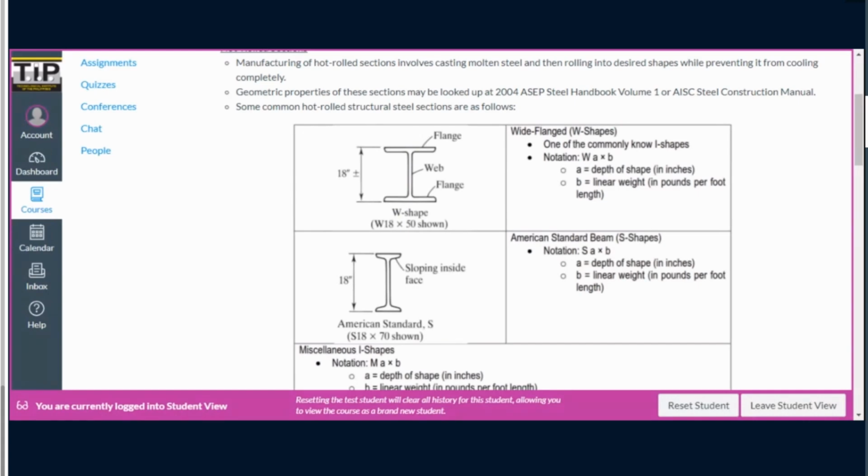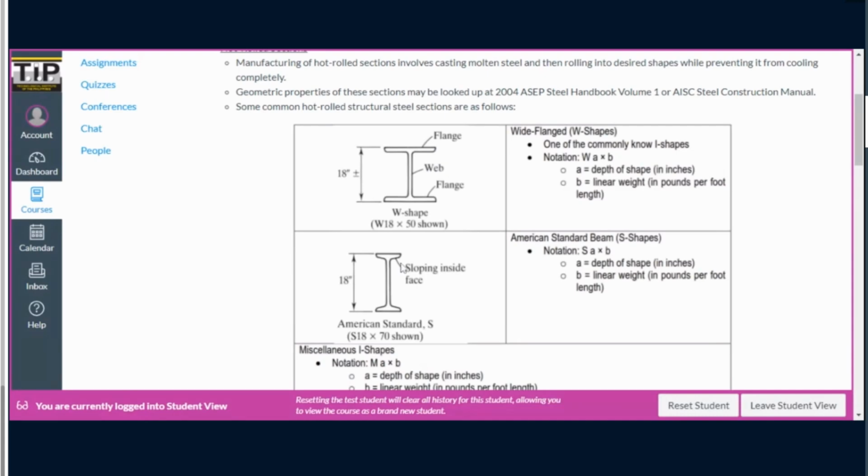The main difference is the size of the flanges. As we know, an I section is composed of two flanges and a web, which connects the two flanges. In wide flange sections, the flanges are longer, but they are normally thinner, meaning they have less thickness. In standard beam sections, the flanges are normally shorter, but they have a larger thickness.